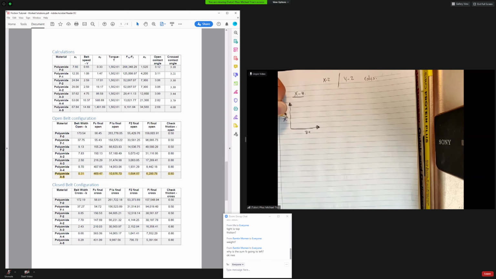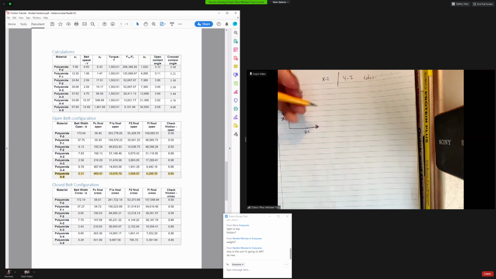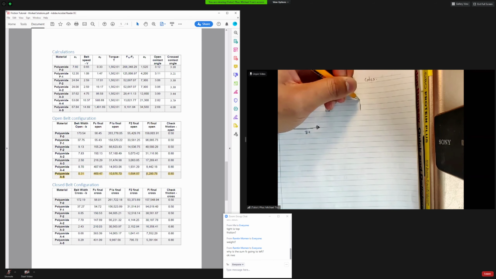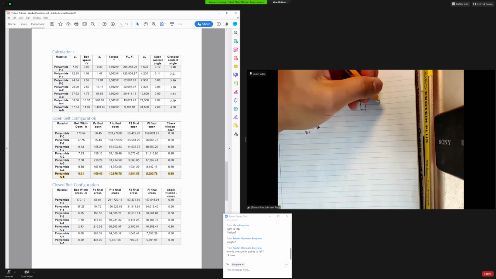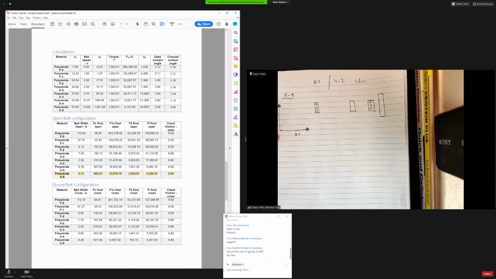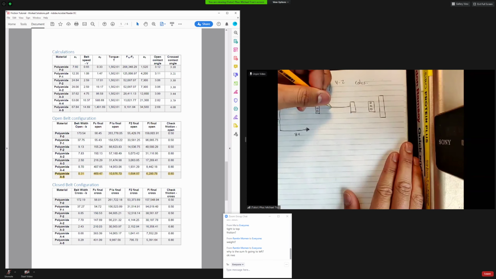That should be X. So I want the X positive to be going that way. So let's pretend this is your bearing. This is your gear. This is your second bearing. And this can be your pulley. And then that's your shaft.